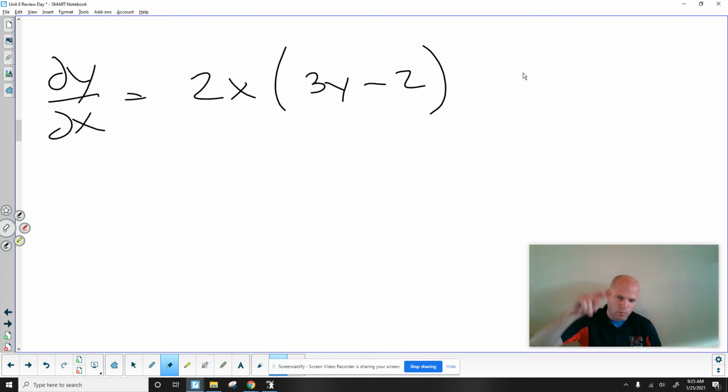Okay. I'm going to do this problem with two mistakes, and I'm going to see if you can figure out where the two mistakes are. Okay. So here we go. I'm going to do the problem right now.